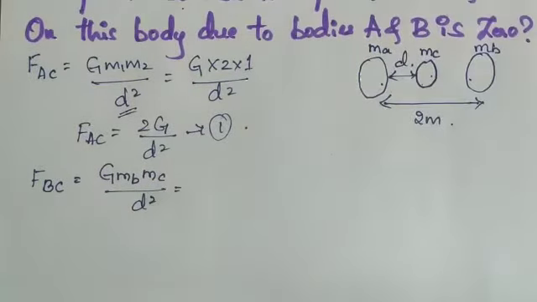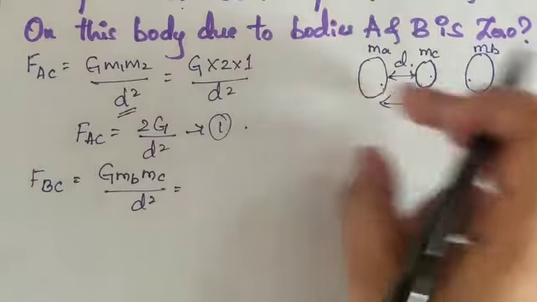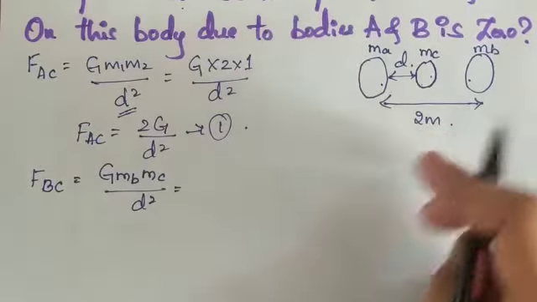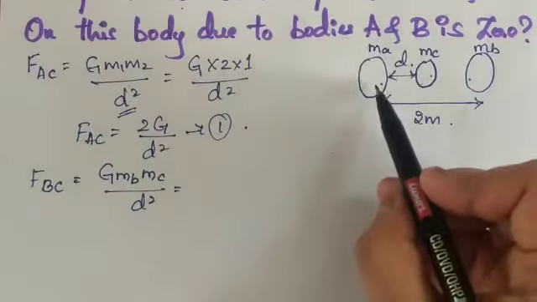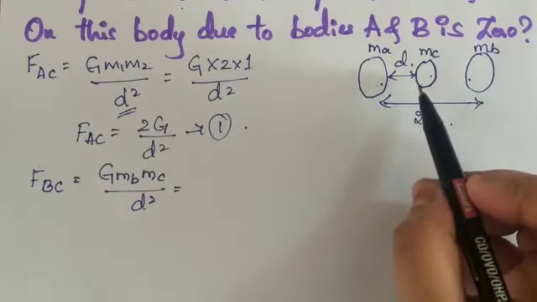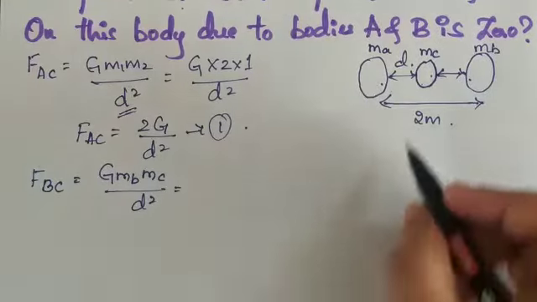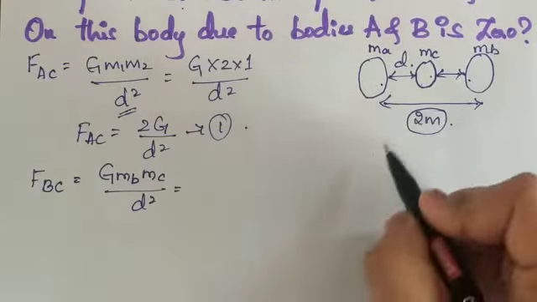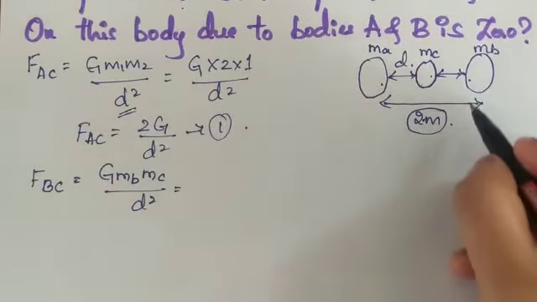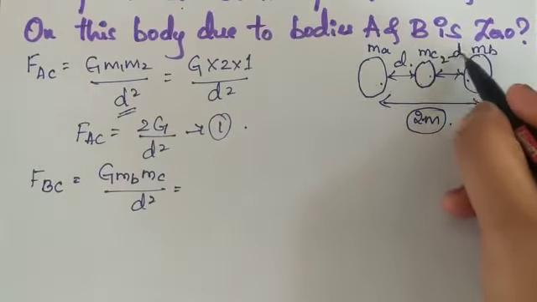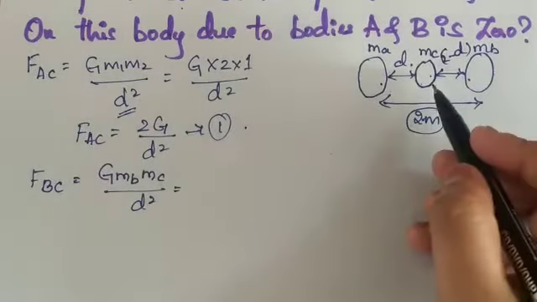The distance between A and B is 2 meter. If the distance between A and C is d, then what is the distance between C and B? Total distance is 2 meter, so 2 minus d will become the distance between C and B.